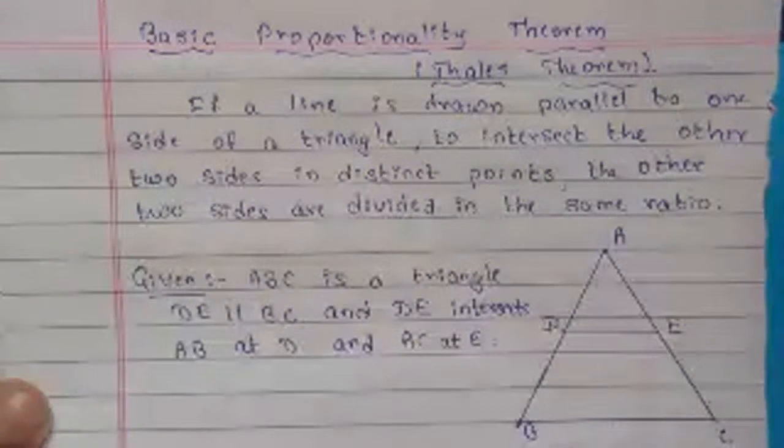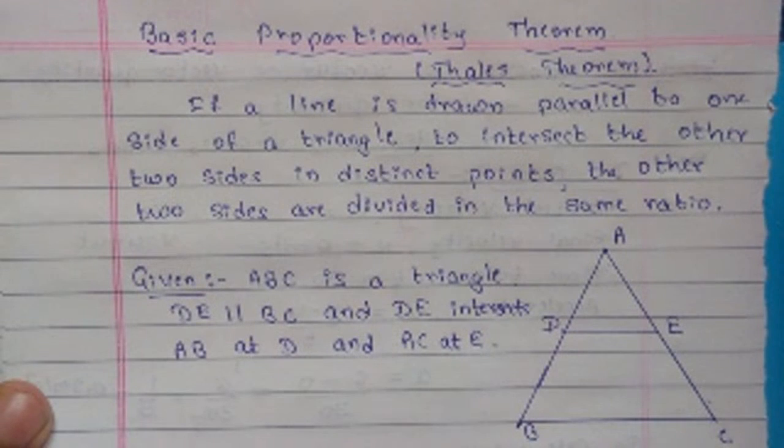We draw one line parallel to one side of the triangle, and we mark two intersection points on lines AB and AC.